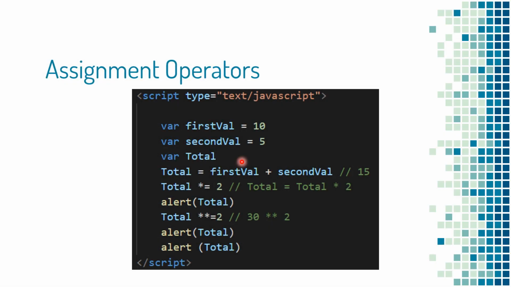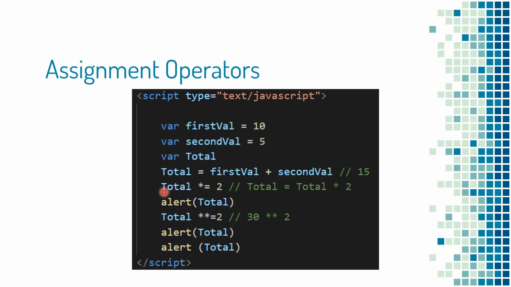The last kind of operators that we are discussing in this course is the assignment operators. We use equal to do the assignment. There's another kind of assignment, something like this, which performs an arithmetic operation and then assigns the value.